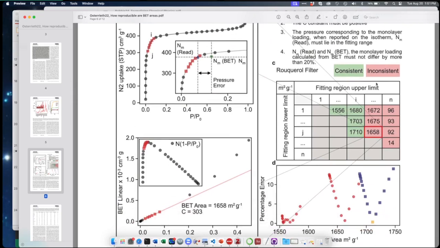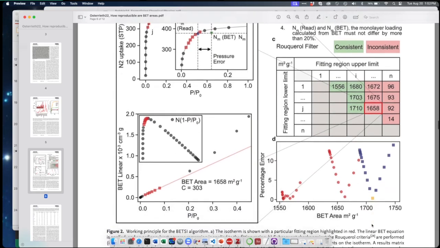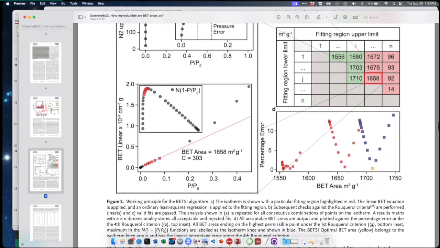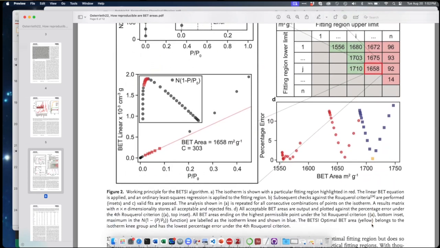You will check whether these settings lead to consistent or inconsistent results with the Roquerol criteria. And then among those that are consistent, you pick the one that has the lowest error.